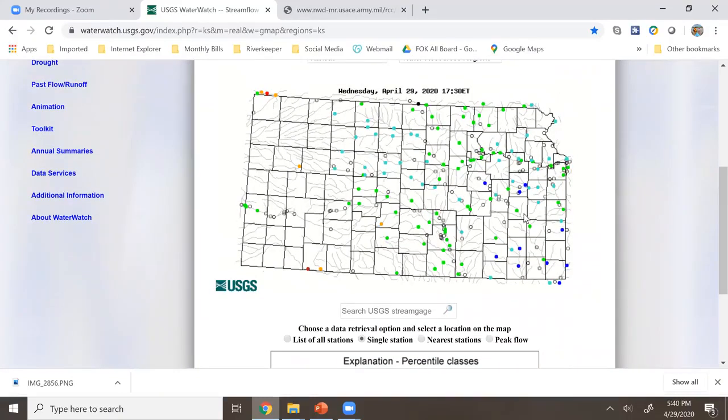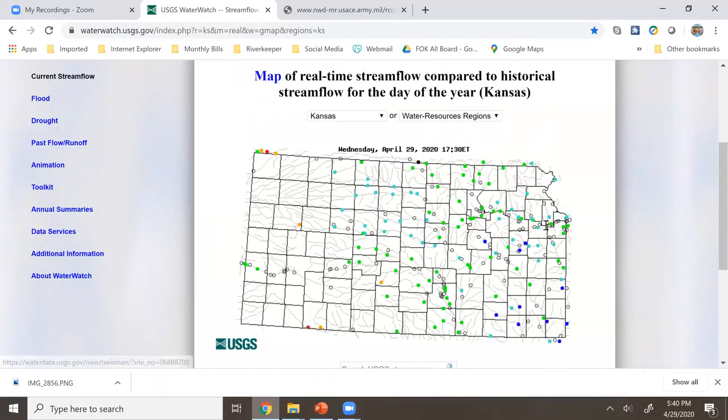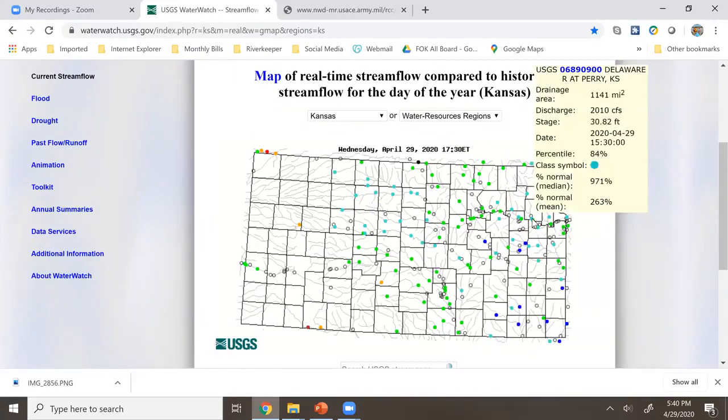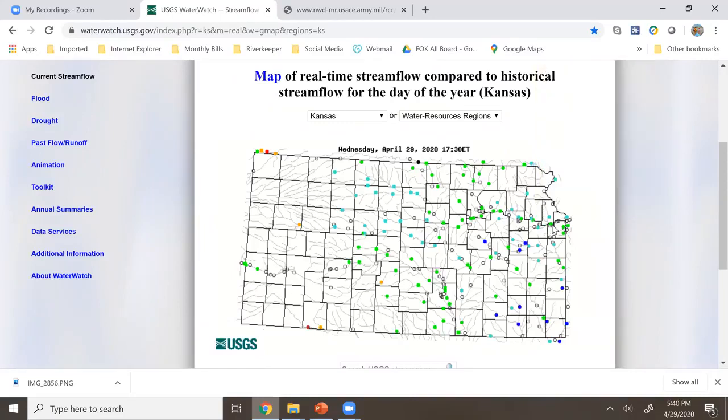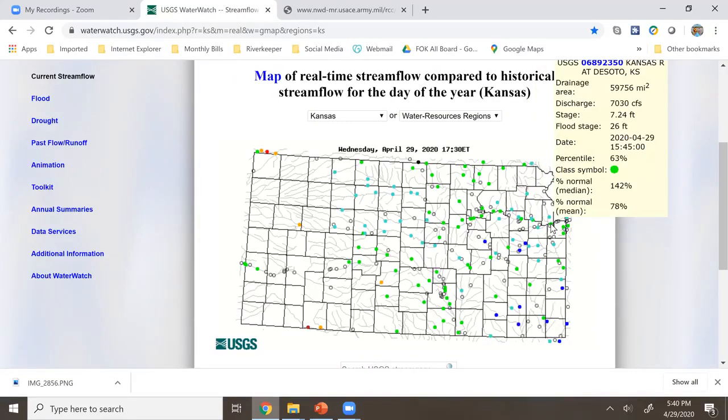But if you were to hover over the Kansas River here at DeSoto, that tells us the discharge rate, which is the number that we're looking for. The discharge rate of the Kansas River today at DeSoto is 7,030 CFS, or cubic feet per second.